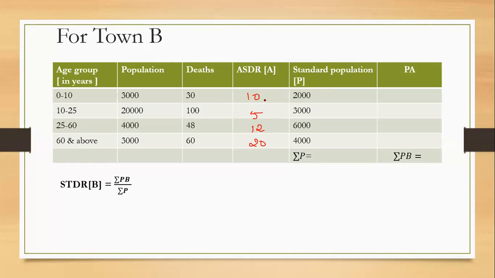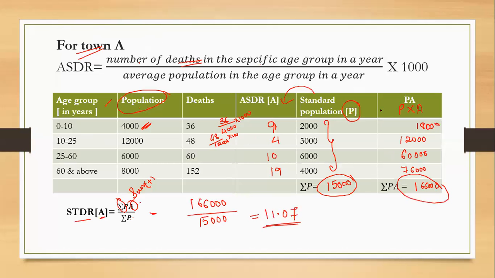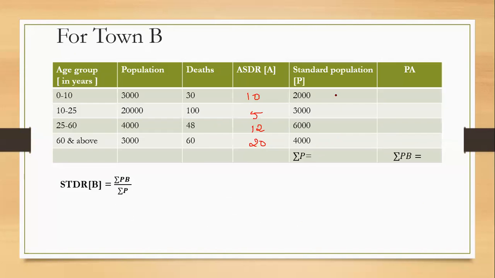Okay, so you found the ASDR. Similar way, no changes. Now write the standard population. The standard population will be similar. I told you it is taken as weights. So for A and B, the standard population will remain the same.